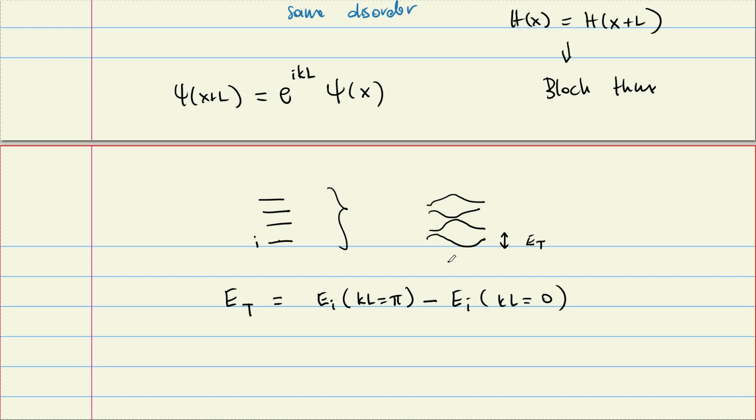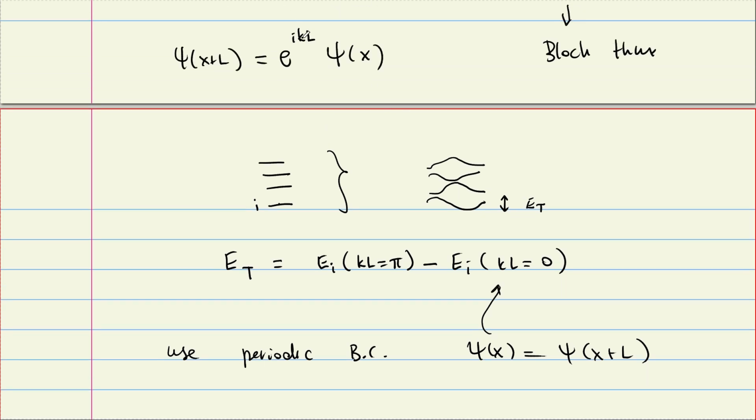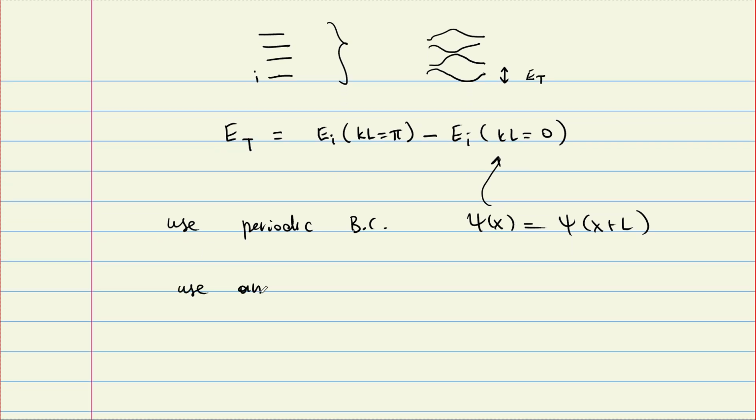Then what we can do is use periodic boundary conditions, psi of x equal to psi of x plus L, which gives kL equal to 0, or we can use anti-periodic boundary conditions, psi of x equal to minus psi of x plus L, which corresponds to the other one.